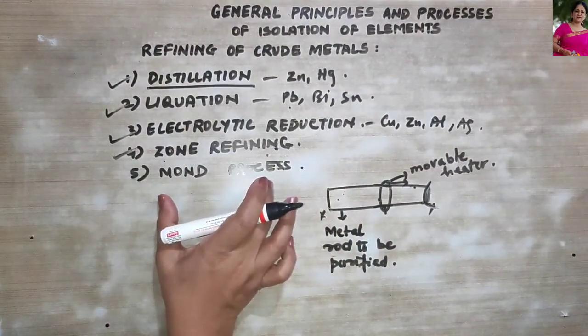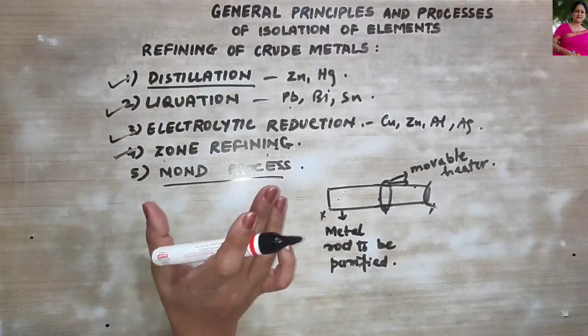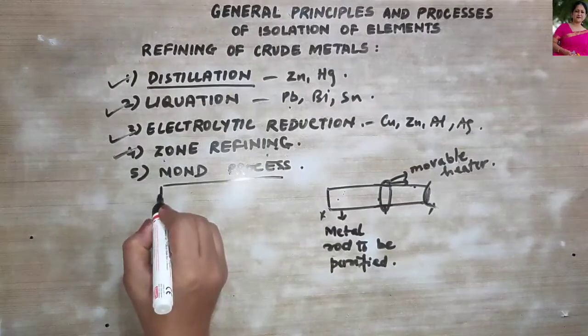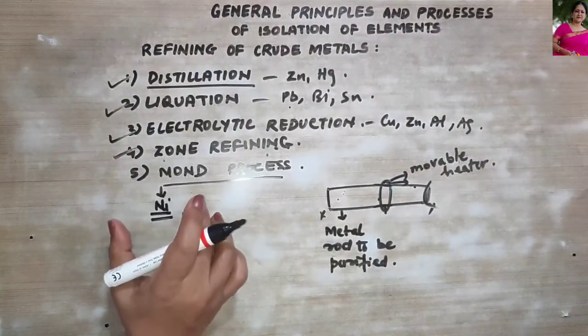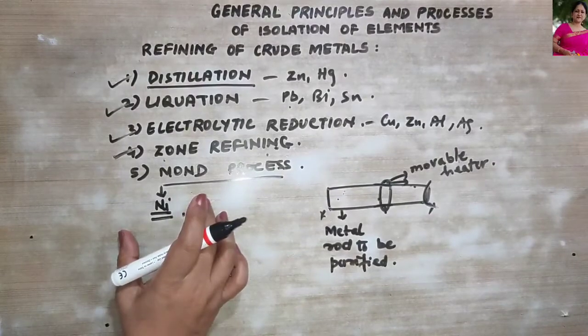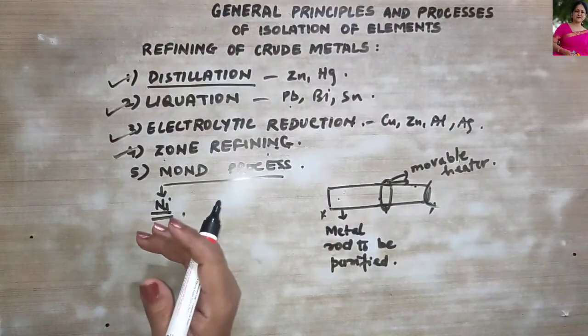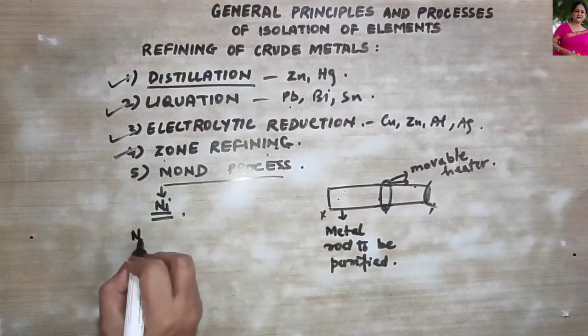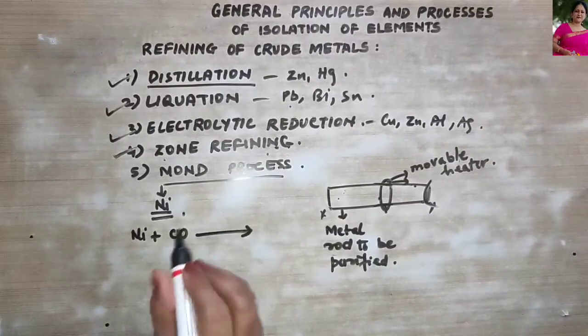Now next we come to the Mond process. This Mond process is used for purification of nickel, right? In this process, the impure nickel is treated with carbon monoxide at a particular temperature.